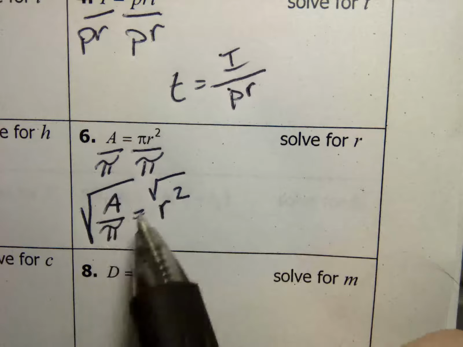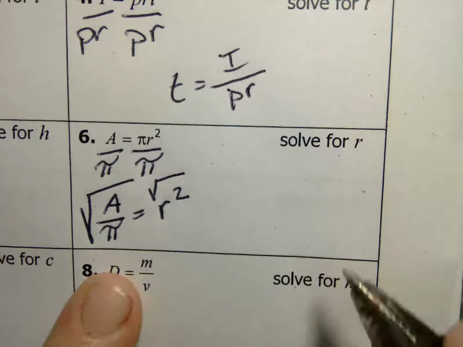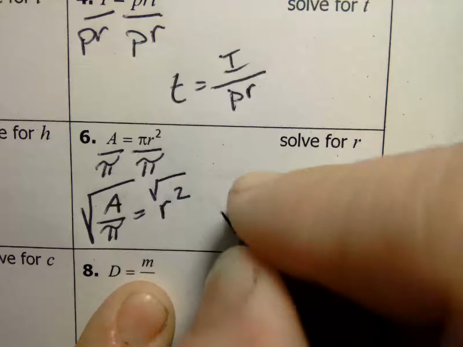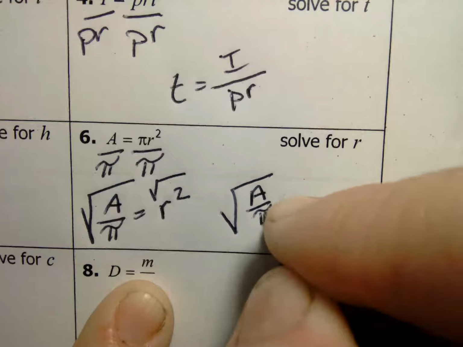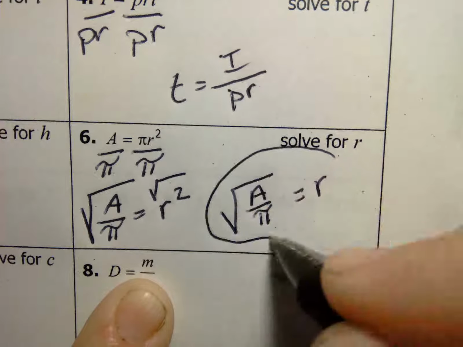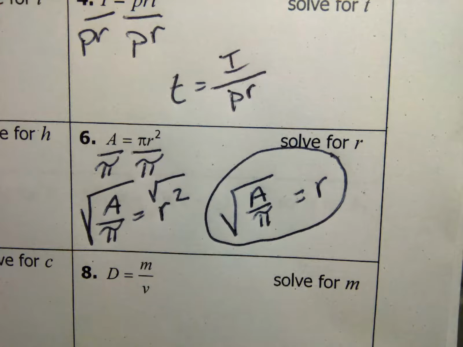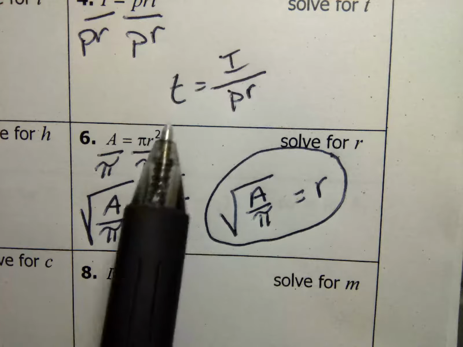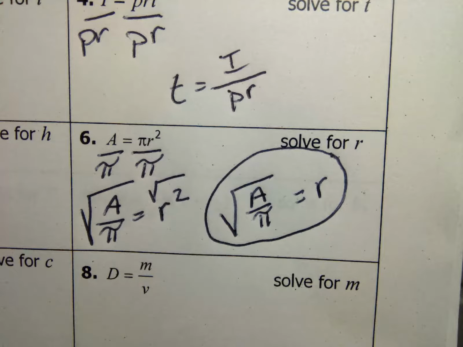Again, I can't solve, but now I know the square root of r squared is r. So what we have, it looks like this as our final answer. And that's because this is a square, opposite of square, square root.